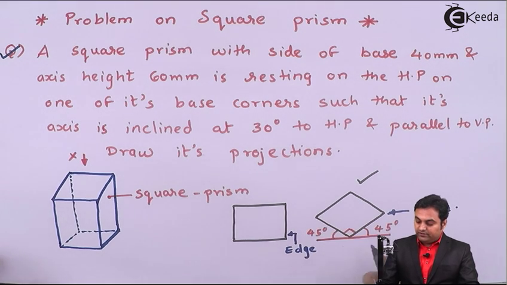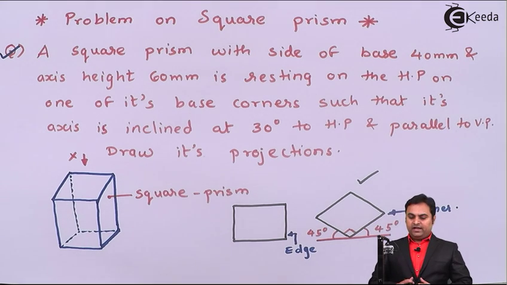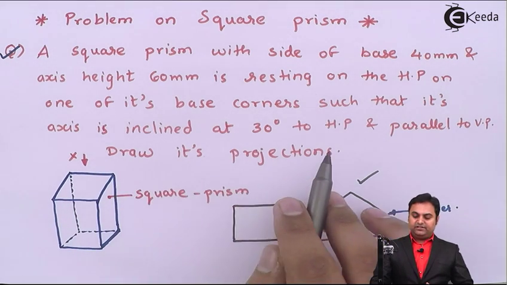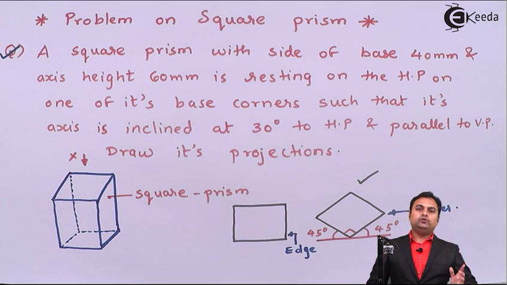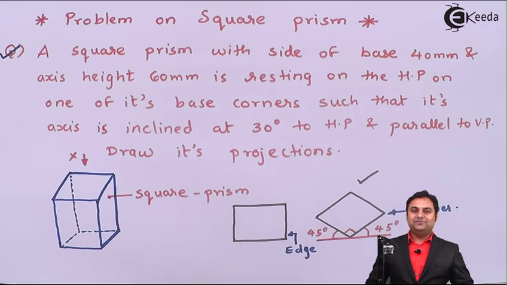So it means here the square has been tilted at 45 degree, and I have to use this condition as the initial condition, and next I have to make the axis inclined at 30 degree to HP. So before going on to that part, first I'll draw this initial condition. Let us get started with the solution part.